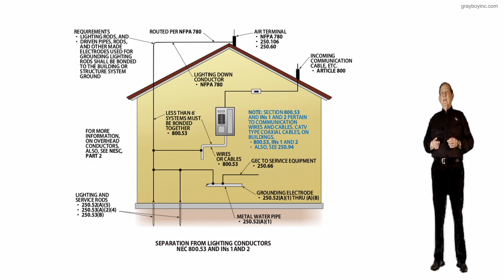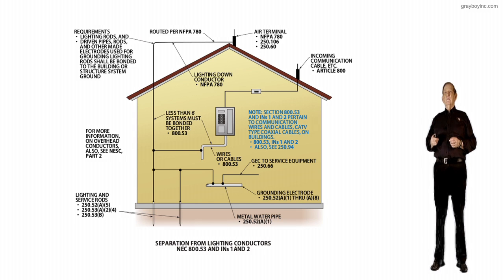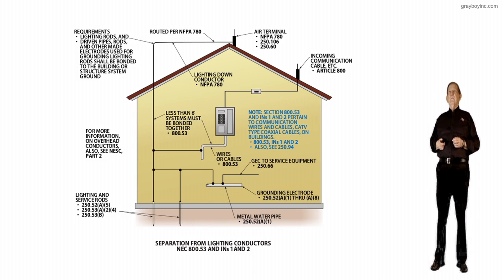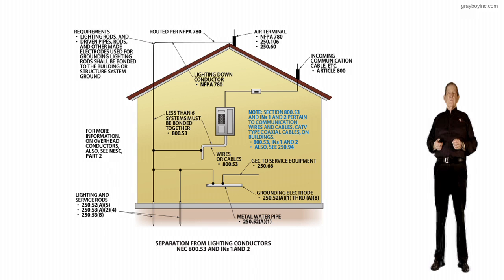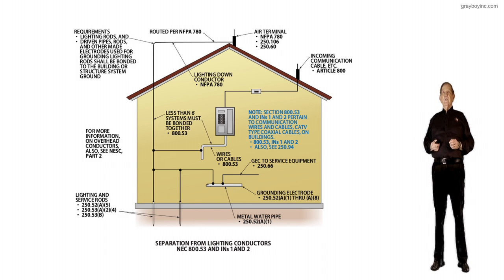250.94. Now, the first call out that I would like to review with you is the air terminal that you see on the roof area at the top. And notice NFPA 780 deals with installing these, separating them, the distance they have to be separated, how you would tie in from one point to another point.